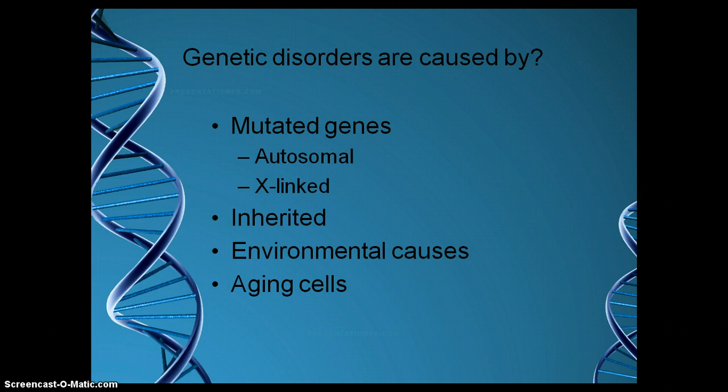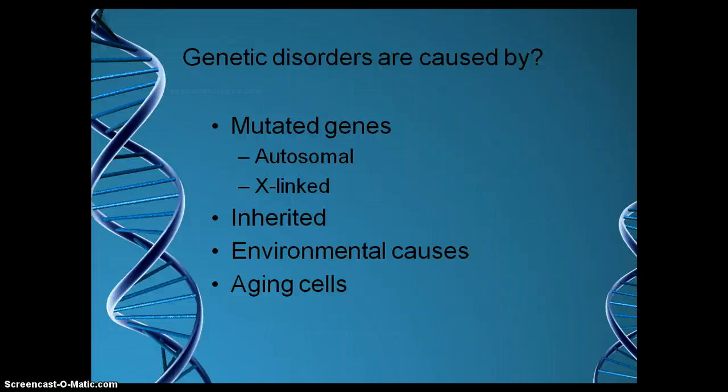Some of this can get complicated, so we're going to go over some different genetic disorder terms. Genetic disorders are caused by mutated genes. They can be autosomal, meaning on the regular chromosome, or they can be X-linked, where they're on the 23rd or the sex-linked chromosome.